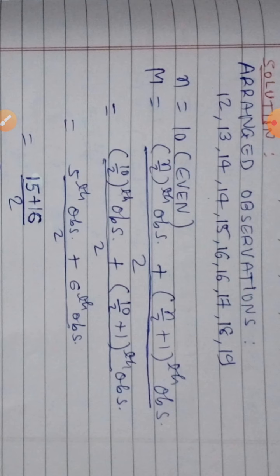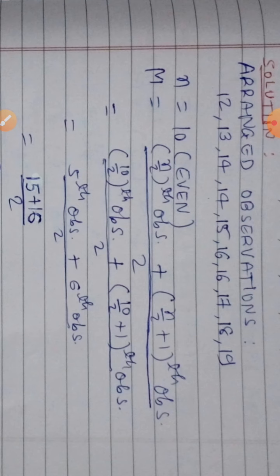But don't write 5 plus 6 by 2. Many students make this mistake. Do you understand? In 5 plus 6 by 2, 5 and 6 are actually not values. They only show the positions of observations, just like your roll number. Your roll number is not your result or your weight or your height, that is only position.